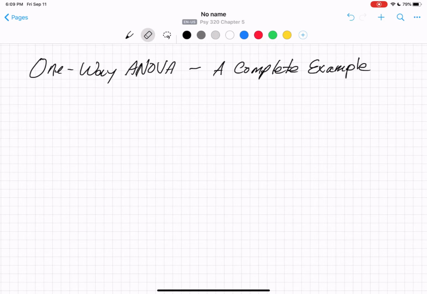First I'm going to show you the data that we're going to be using for this example. I will have a copy of this data posted on Canvas so you can refer to it while you're watching the video if you would like.